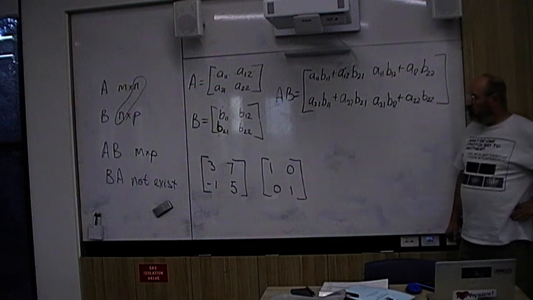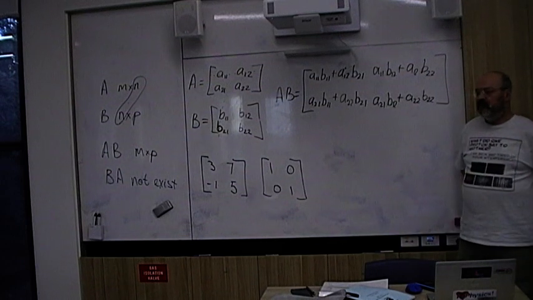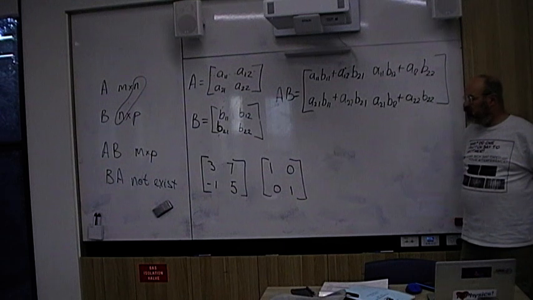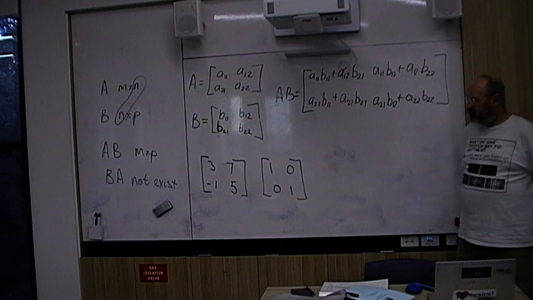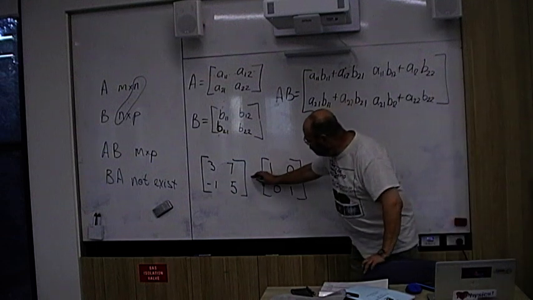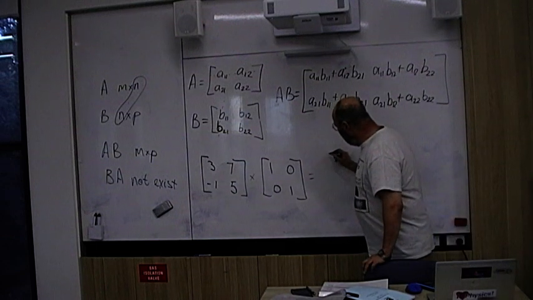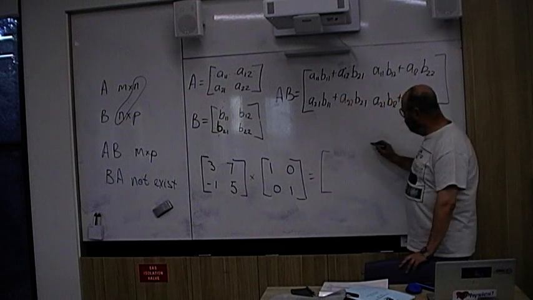So first row by first column, first row by second column, and tell me what you will get.